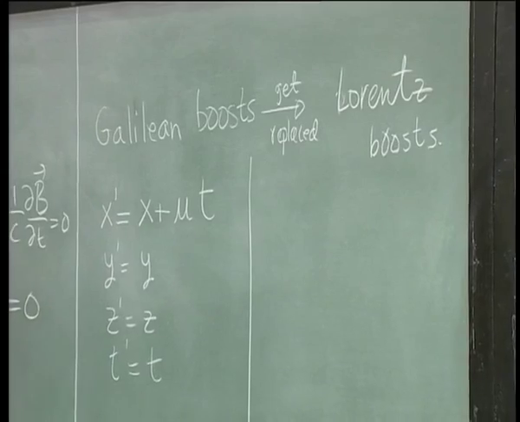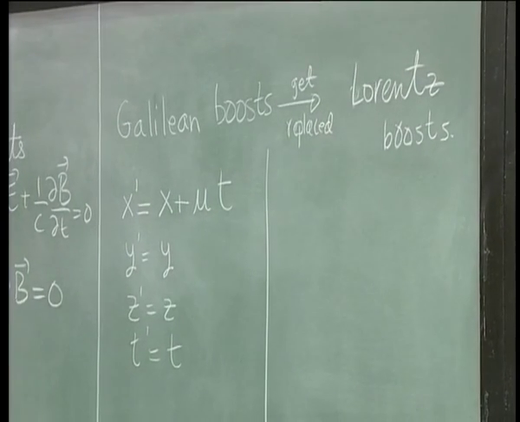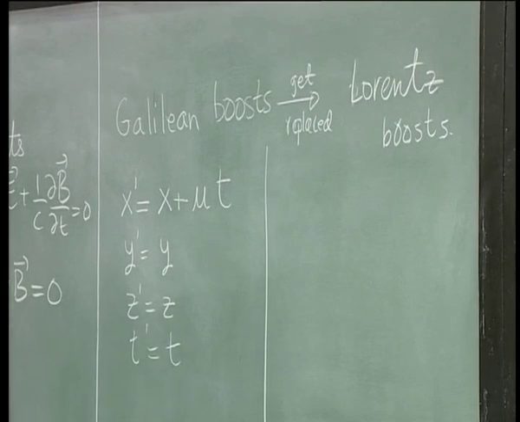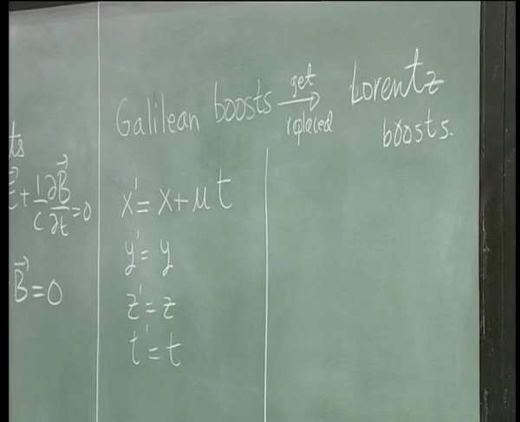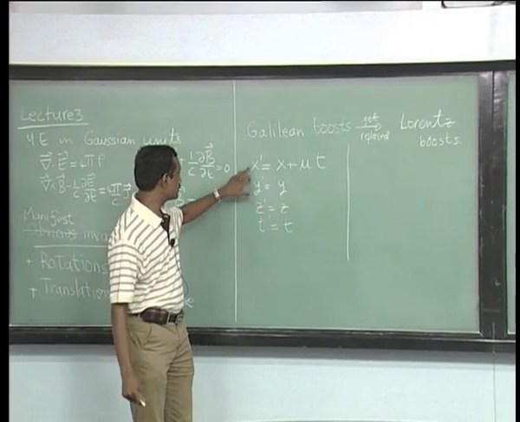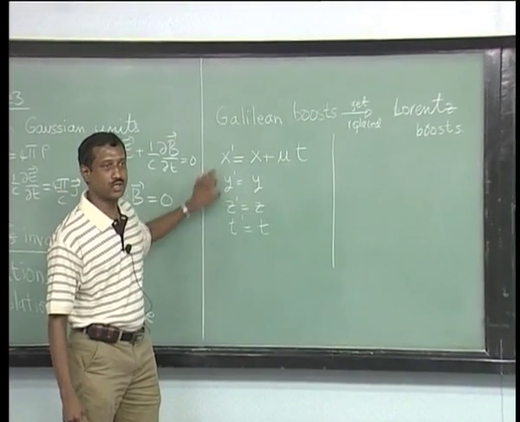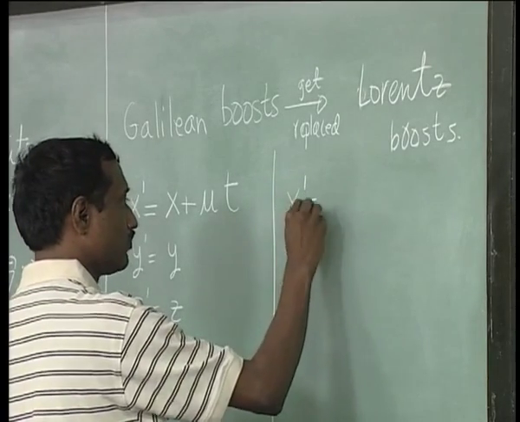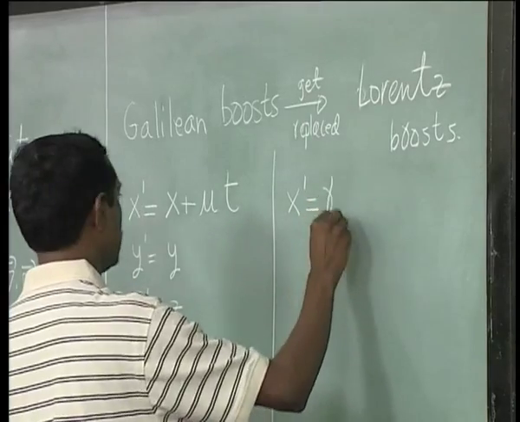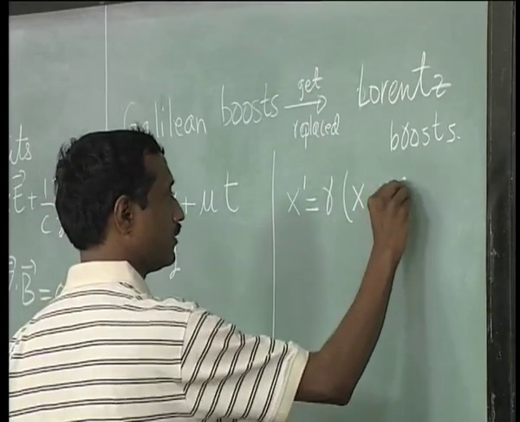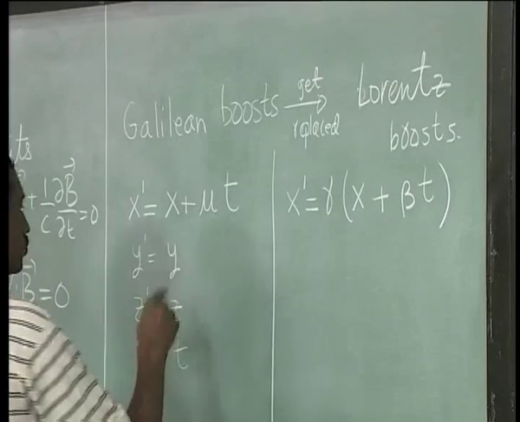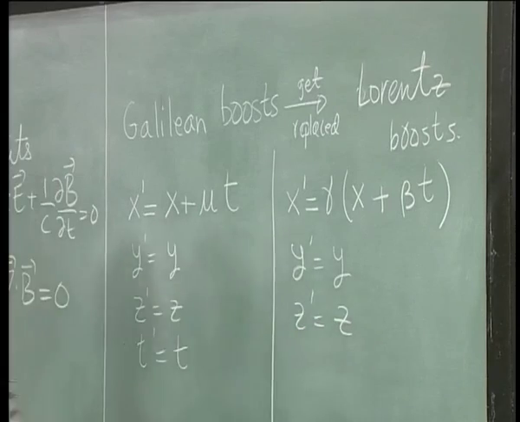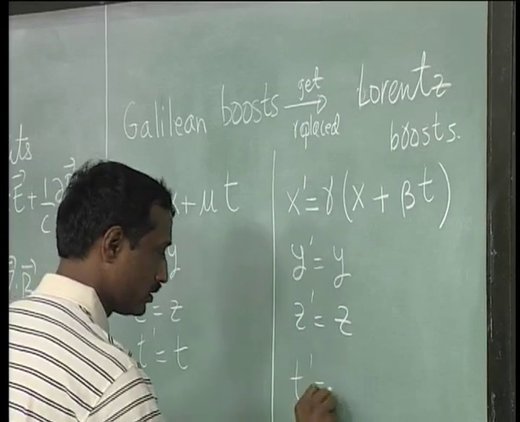This is what we meant by a Galilean boost, but a Lorenz boost is much more complicated, and I will write the form here, but we will derive it in a completely different manner. What it does is it mixes x and t in a non trivial manner. Okay, so x prime one writes as gamma times x plus beta t. These two remain the same, but you get a change out here.